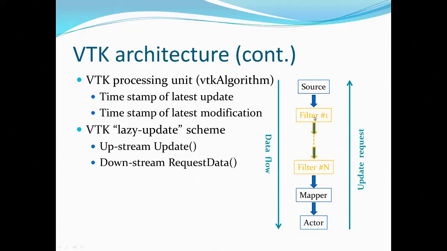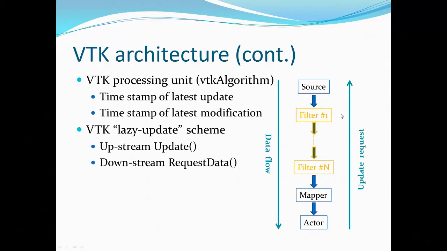It depends on which one is newer between the update timestamp and the modification timestamp, and also on its update time compared to its neighbor units upstream. So the data update flow is downstream, and the request goes upstream.